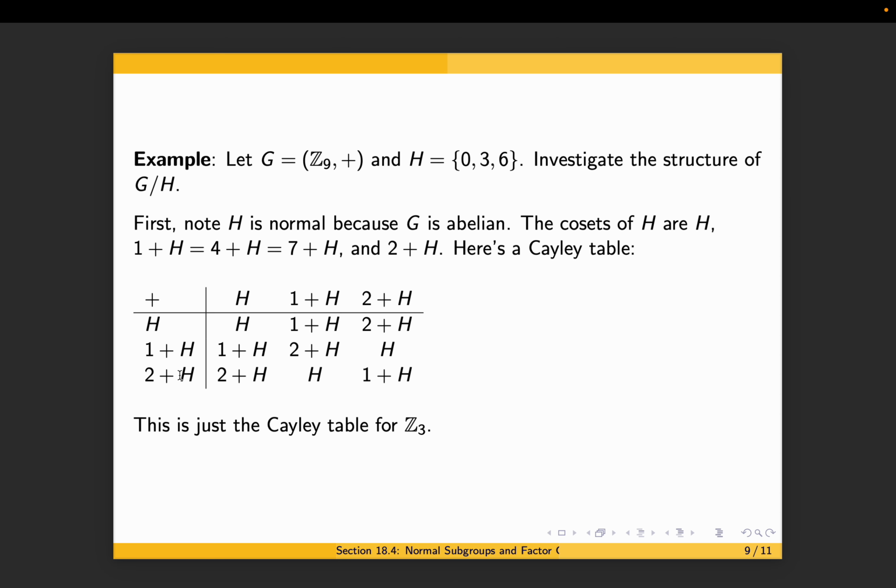And if you think hard enough about this, you'll realize, oh, this is just the Cayley table for Z3. If instead of writing an H, I just put 0, like 0, 1, 2; 1, 2, 0; 2, 0, 1, I've just recreated Z3. I've done it in a notationally clunky way, but it's fine. So Z3 is a factor group or a quotient group of Z9. And you obtain Z3 from Z9 by insisting that 0, 3, and 6 are all the same now. 0 equals 3.